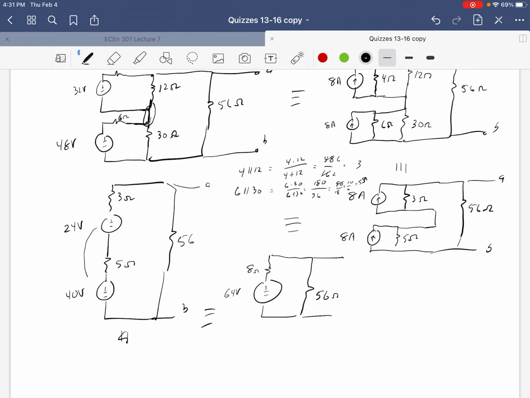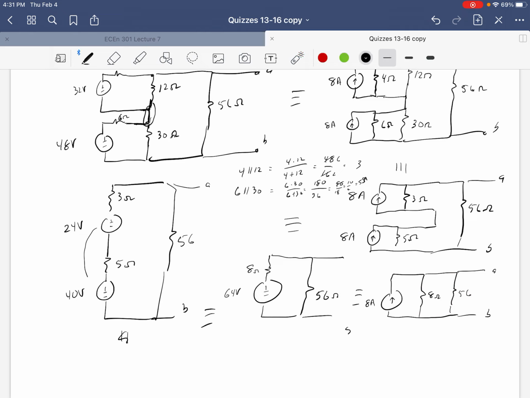So we have to do a source transformation again here to get things in parallel with 56. So we've got to go to 64 divided by 8, so that's 8 amps, and then we're going to have our 8 ohm, and we're going to have 56, like that, A and B, and so we can combine these two in parallel.